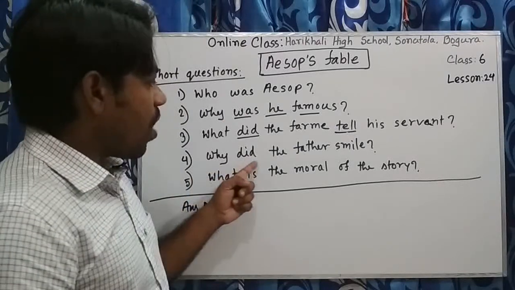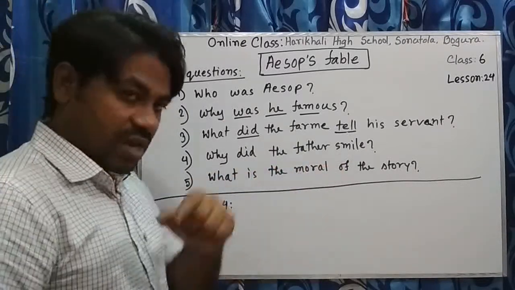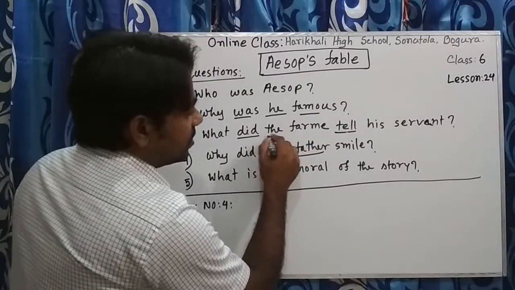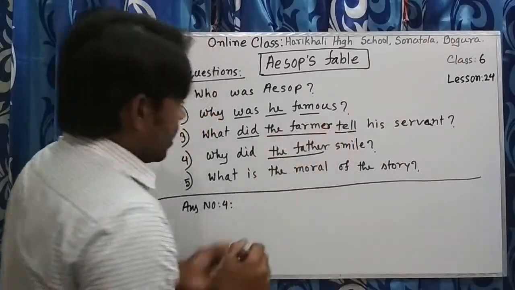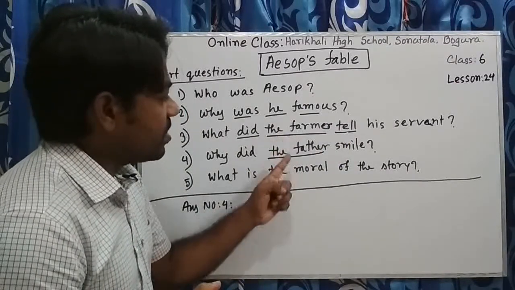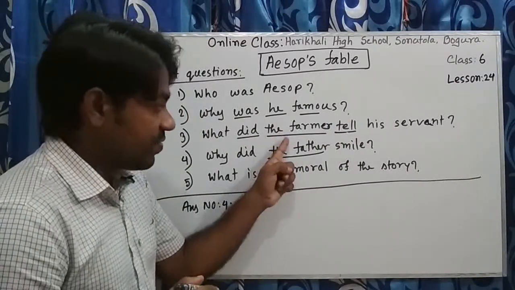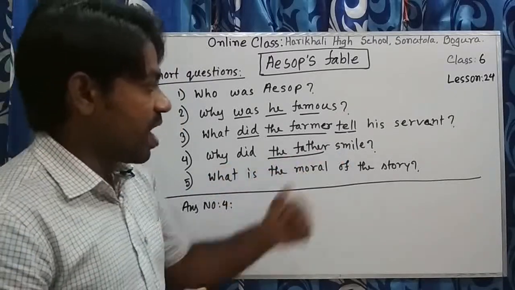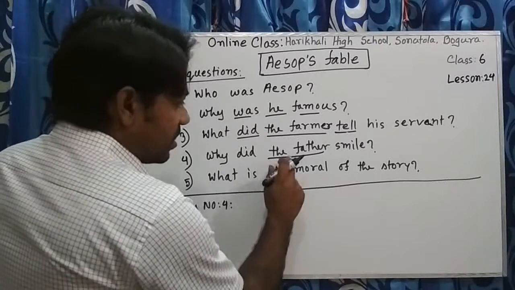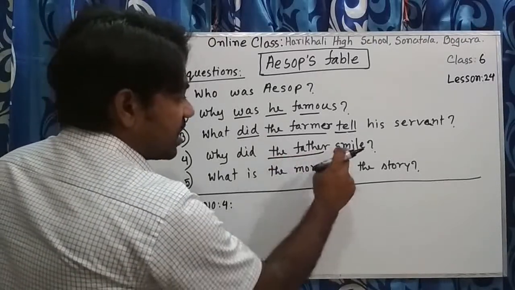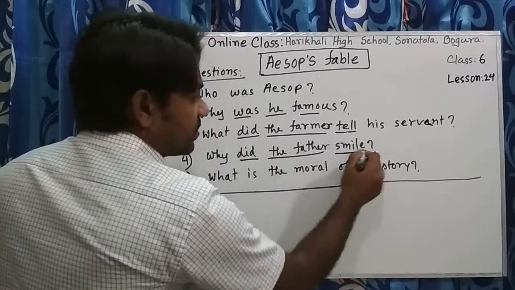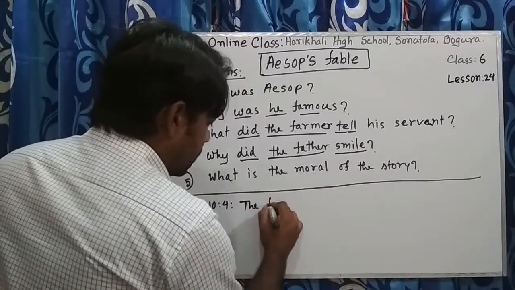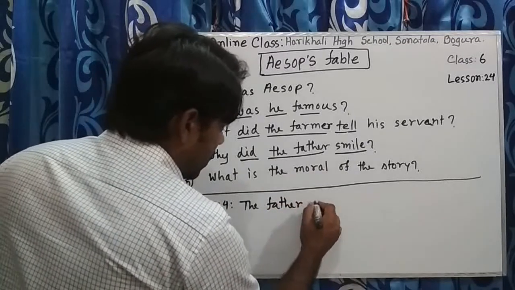Number 4. Why did the father smile? Notice here, the father. Here we say about the farmer. The farmer is the father. Why did the farmer smile? Did, so past form.